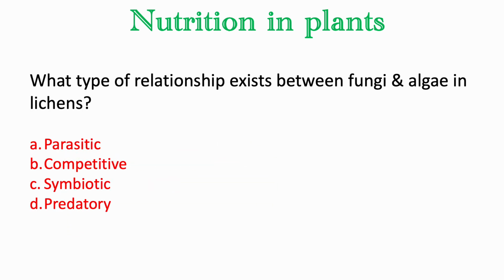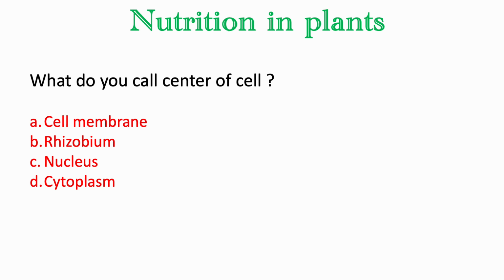Next, what type of relationship exists between fungi and algae in lichens? Option A, parasitic, B, competitive, C, symbiotic, and D, predatory. Correct answer is option C, symbiotic. Next, what do you call the center of the cell?